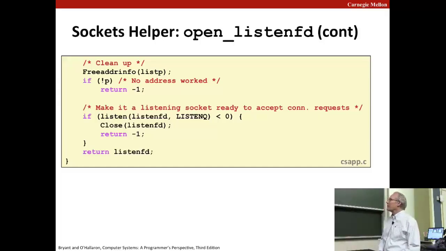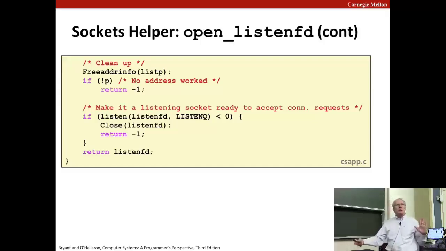receive connection requests. And you can give as a parameter a number that says how many connection requests you are allowed to queue up before they start getting refused. This is a performance parameter: if you set it too low, then unless you have a really fast server, people will get failures in their connection requests.